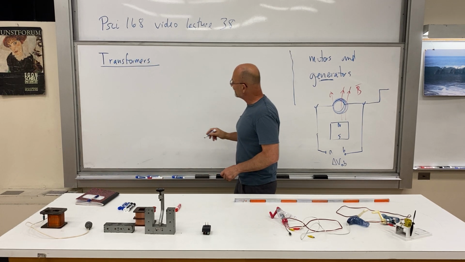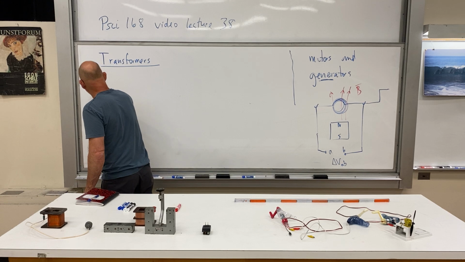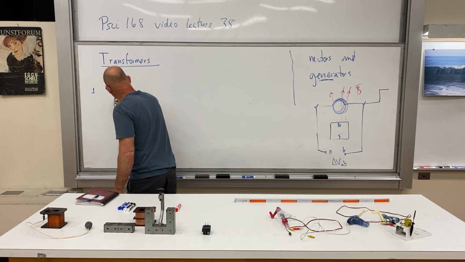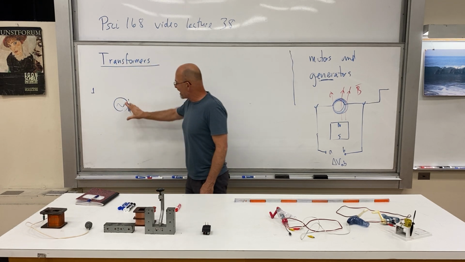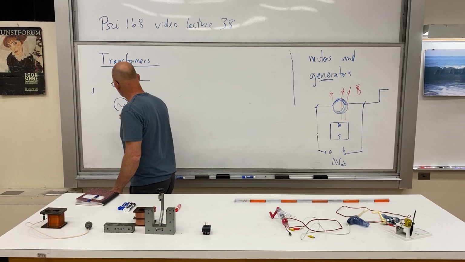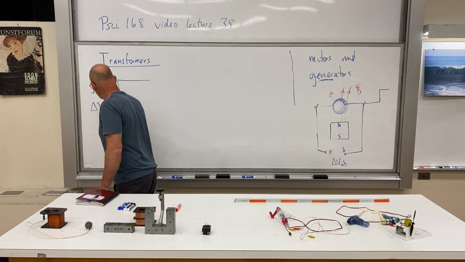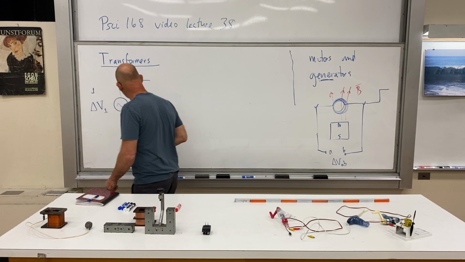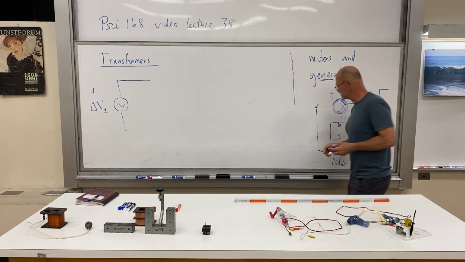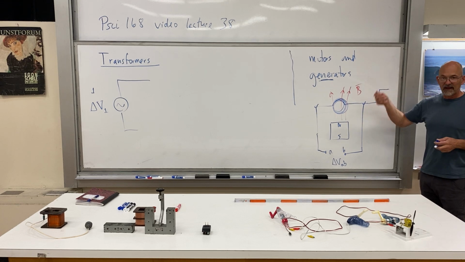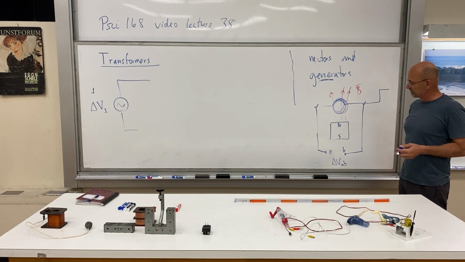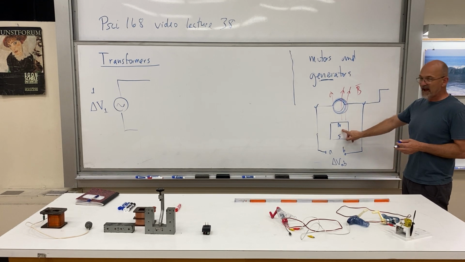Now the idea here is that we're going to start with an alternating source. So instead of a battery, I draw this alternating source, and I'm just also going to label it delta V sub 1. It is the result of not hand cranking, but turning a loop of wire in a magnetic field with a magnet, right.